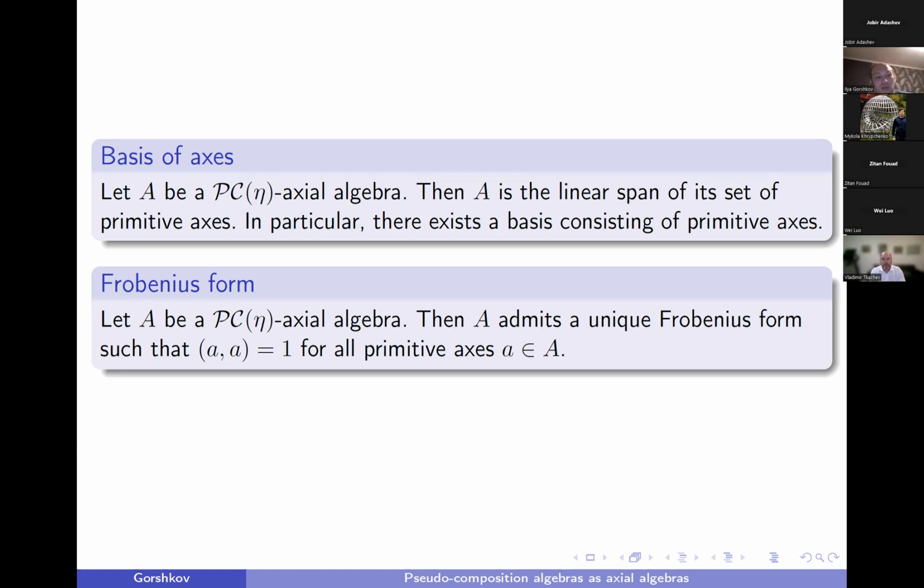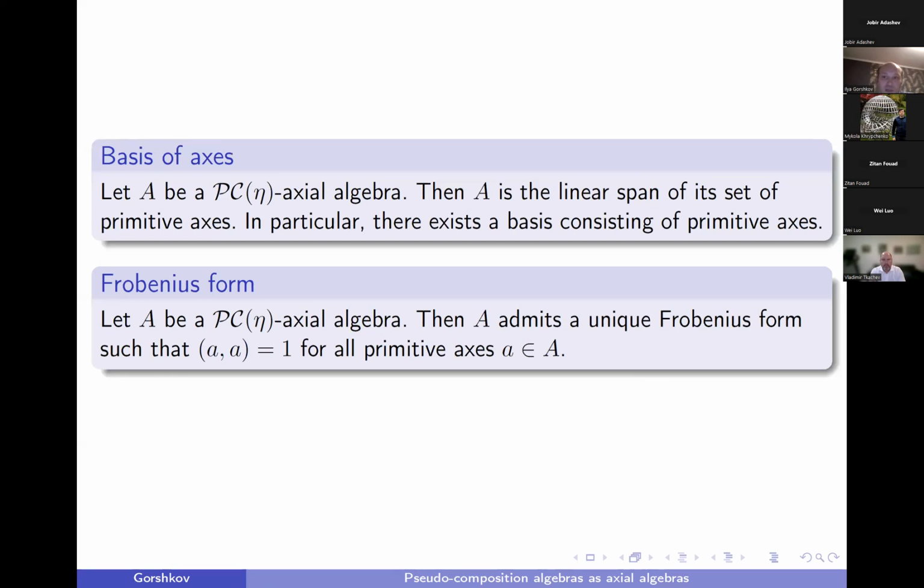And as a corollary of these two theorems, I get the next theorem.